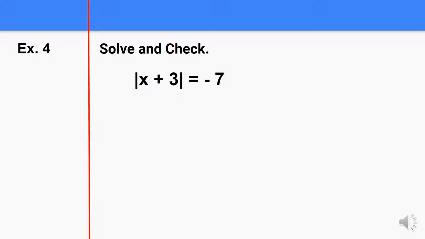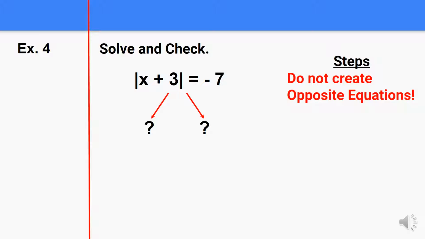Okay, so immediately we are able to, wait a second here. Do we create or write opposite equations? No, we do not. Why? It's all about this negative number. Okay, negative 7.